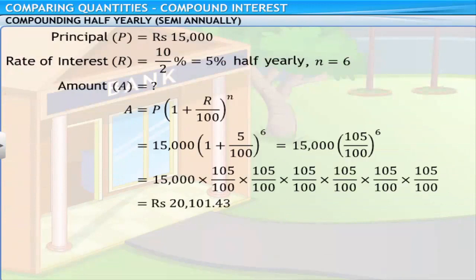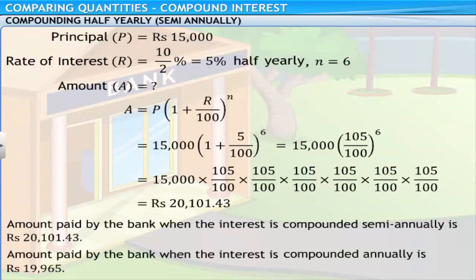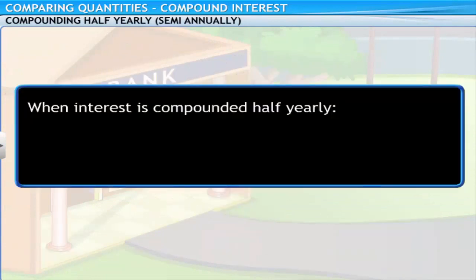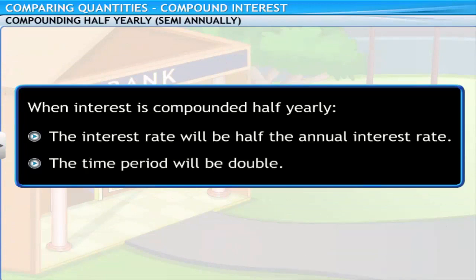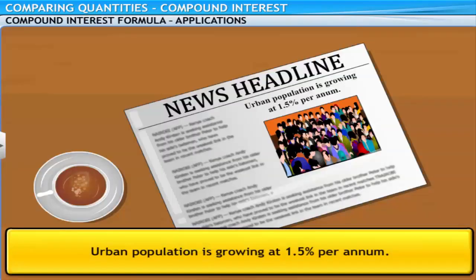Therefore, after 3 years, the bank will pay an amount of 20,101 rupees and 43 paise if the interest is compounded semi-annually. This is more than the amount paid by the bank when the interest is compounded annually. So, when interest is compounded half-yearly, the interest rate will be half the annual interest rate, and the time period will be doubled.